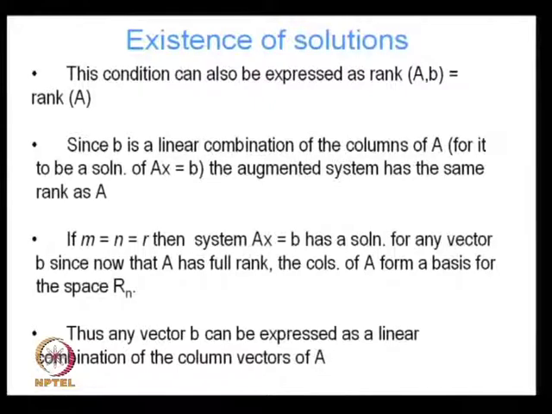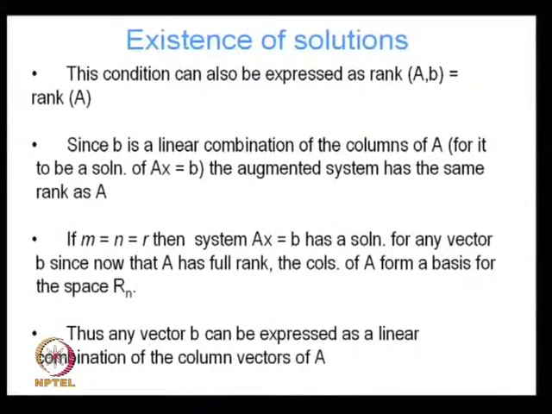That means each of the columns of A are linearly independent vectors, and since the space has dimension n, and since I have n linearly independent vectors which are the columns of A, this implies that the columns of A form a basis for the space Rn, and since they form a basis for the space Rn, any vector b can be represented by a linear combination of the column vectors of A. Thus, any vector b can be solved for.